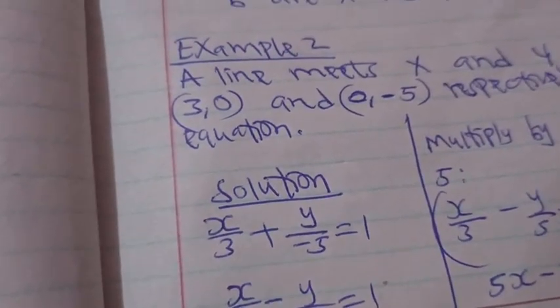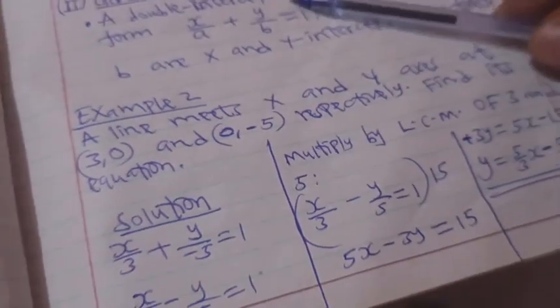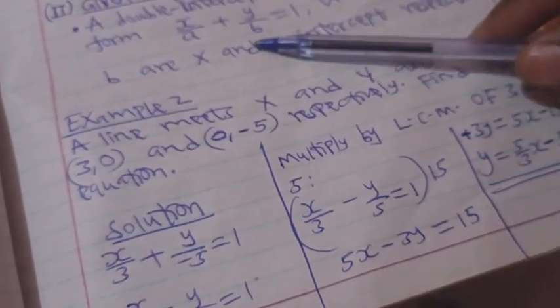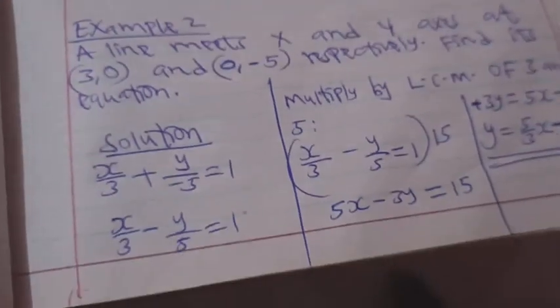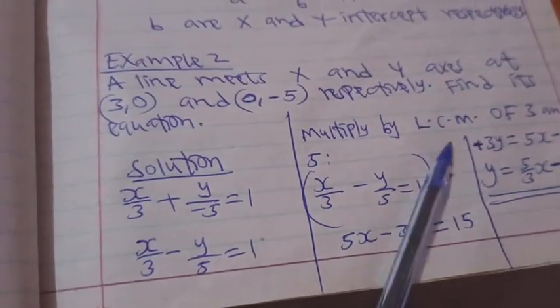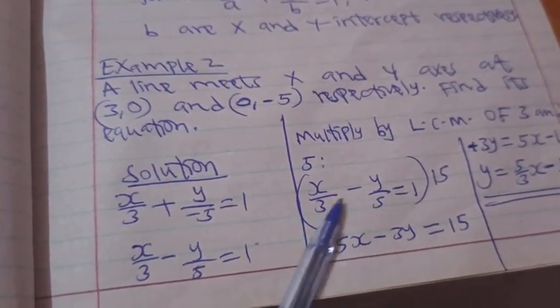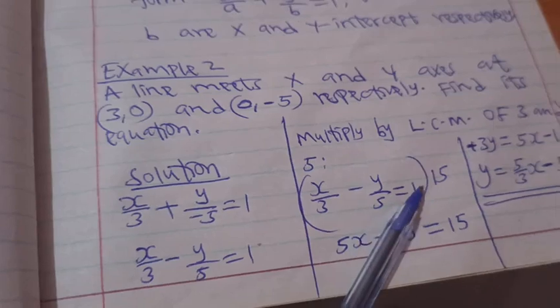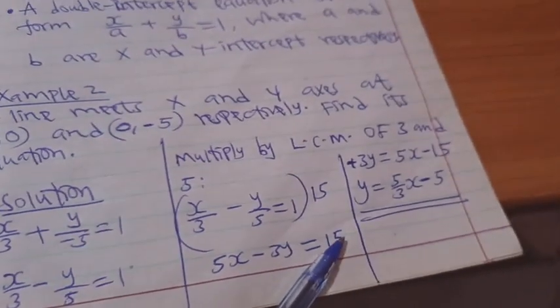Solution. In that double intercept form, we write x over 3 plus y over negative 5 equals 1. We take the LCM, which is 15, and multiply through by the LCM. This gives us 5x, this one gives us negative 3y equals 15.